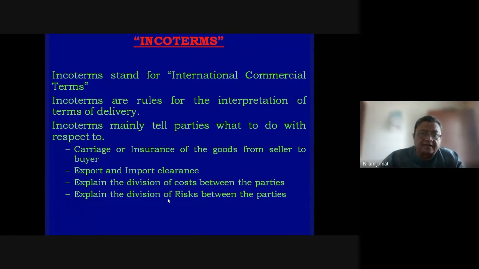So whose risk is that? Whose cost is that? Who has to replace them, importer or exporter? While going by ship from Colombo to Jeddah, near India or somewhere, another ship comes and crashes into the ship, and all the goods perish. Then who is responsible? Then while unloading in Jeddah, between the ship and the quay there is a gap. All the ACs fall into the water. Then who is responsible?